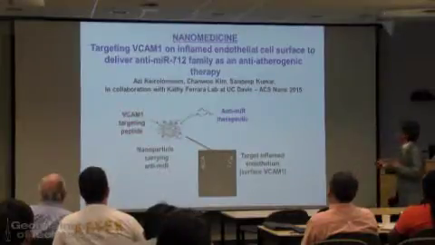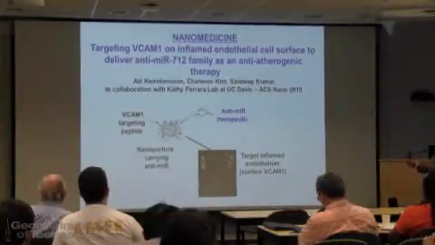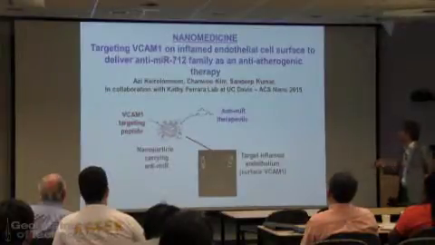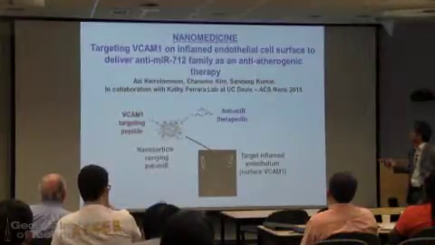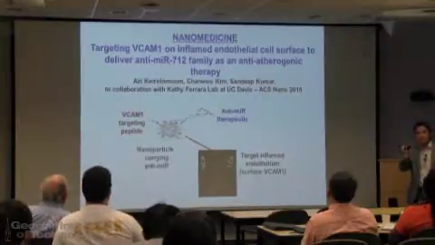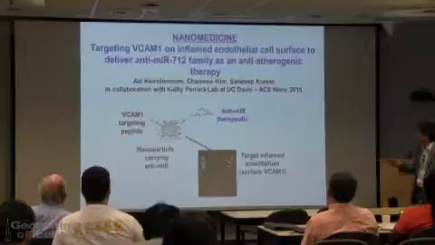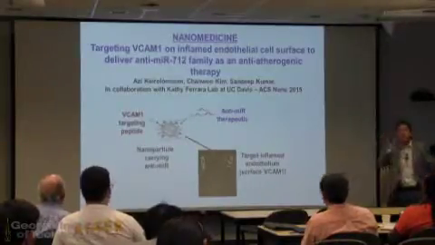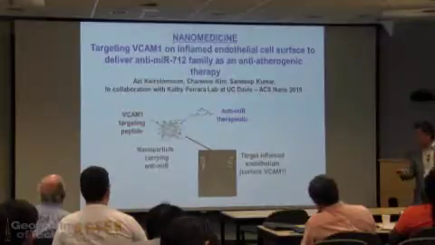This study, what we call the Nanomedicine Study, was done in collaboration with my colleague, Kathy Ferrara at UC Davis, and was just published in ACS Nano. Here we are targeting VCAM1 as a marker of inflamed endothelium, and we hope to put our therapies inside the nanoparticle.